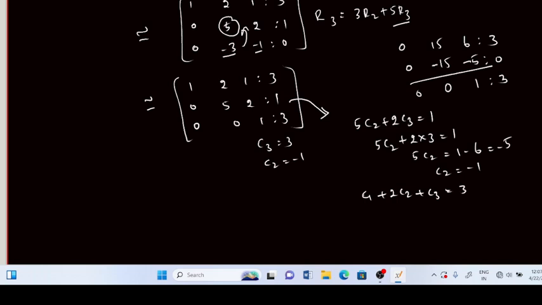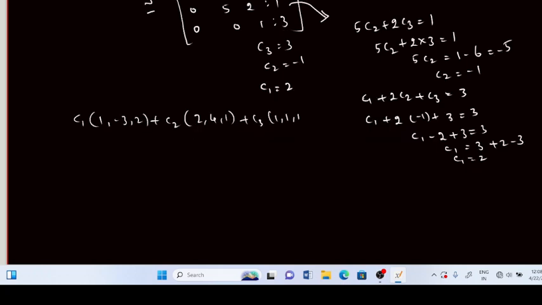We substitute the values of C3 and C2: C1 plus 2 times minus 1 plus 3 equals 3. Simplifying, C1 plus minus 2 plus 3 equals 3, so C1 is 3 plus 2 minus 3, which gives 2. So C1 is 2.